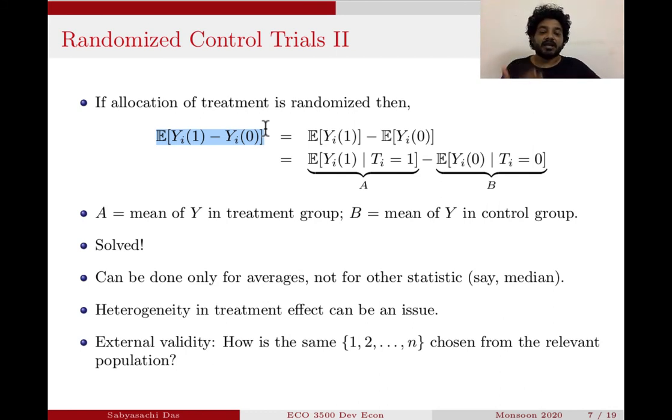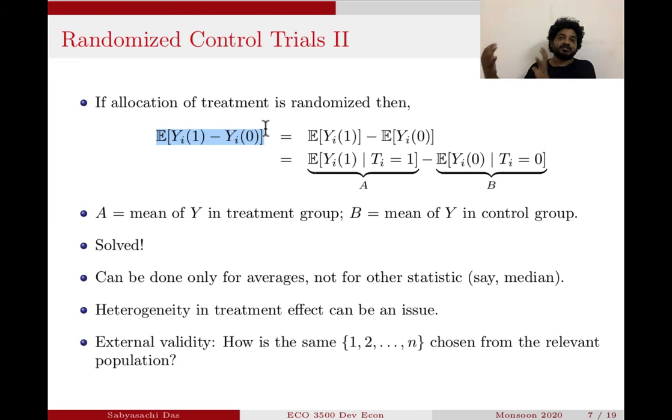It helps us because the people who are in the treatment group are on average identical to the people who are in the control group, right? That's what randomization gives you. So randomization gives you that probabilistically they will be identical, and therefore the average of the savings in the treatment group is same as the average of the savings had everybody been treated, right?